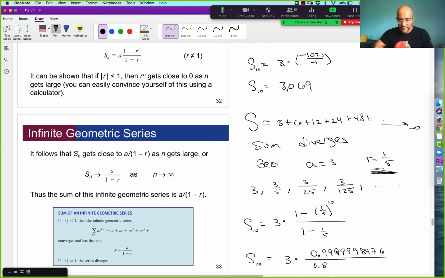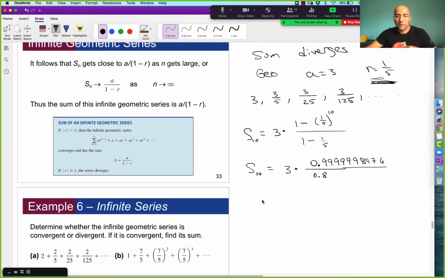So I want to take that thing divided by 0.8 and then multiply that by 3. I'm getting S sub 10 equals 3.74999, something like that. So pretty close to 3.75.